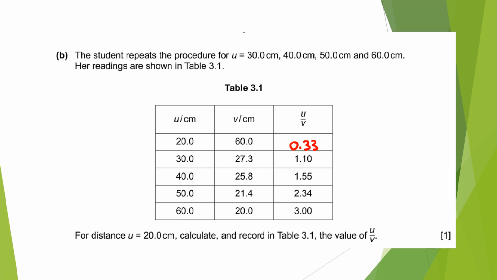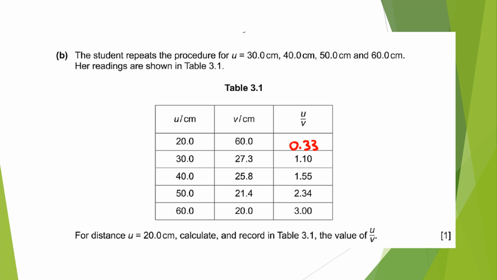If you see the third column also, the u by v values are all three significant figures. The last one is 3.00. So purposely they made it three significant figures. So sometimes when we are calculating, we should also remember in our mind that it should be three significant figures.